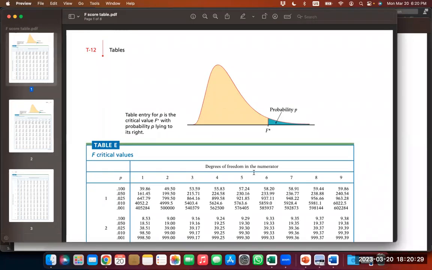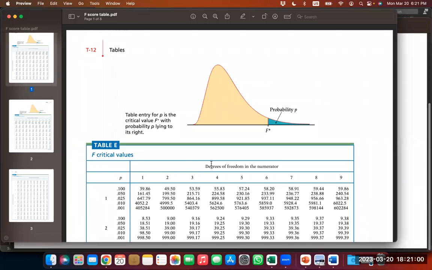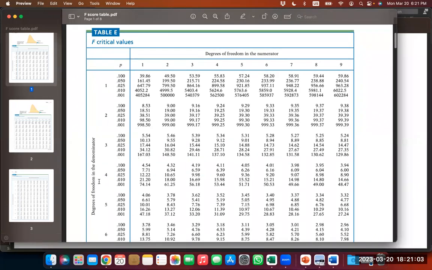The F distribution is, as opposed to the normally distributed t distribution and the normally distributed z distribution, a unimodal right-skewed distribution with a cutoff at a critical F that is to be determined based on the degrees of freedom in either the numerator, which is the number of groups, the degrees of freedom of the groups, or the degrees of freedom in the denominator, which is the degrees of freedom within the groups.